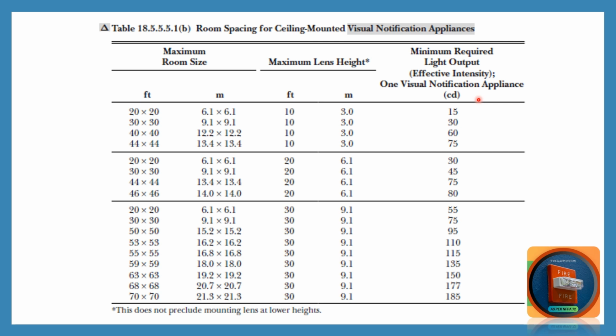However, if you have a 14 meter by 14 meter room and the maximum ceiling height is 5 meter, then we need to consider an 80 CD visual notification device.